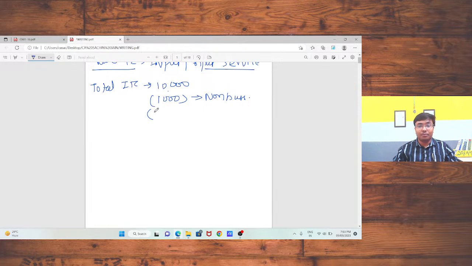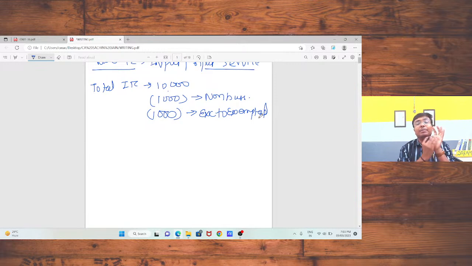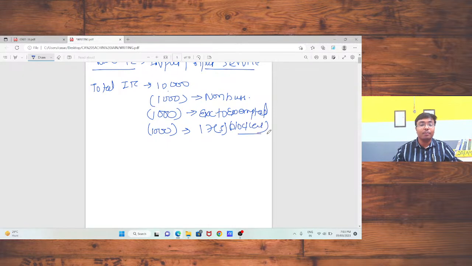Then after that, 1,000 is exclusively related to your exempted supply. If there is any input tax credit which is exclusively related to exempted supply, in that case you are also not eligible to take input tax credit on that. And 1,000 input tax credit is related to your section 17 subsection 5, that is your blocked credit.